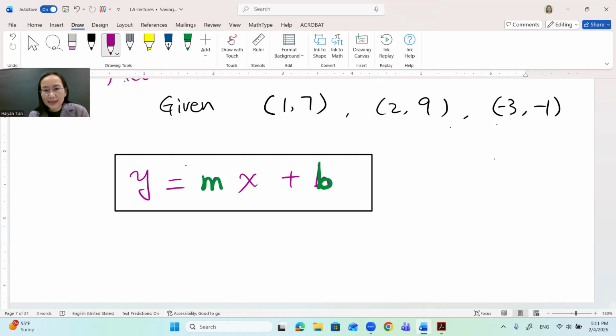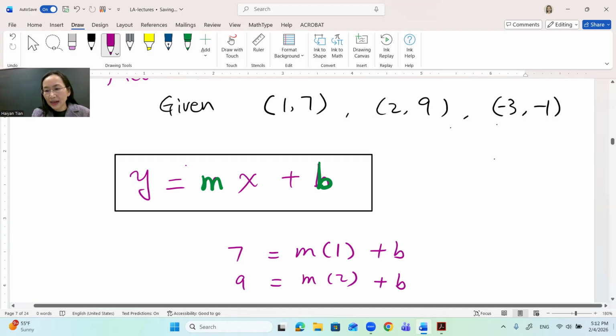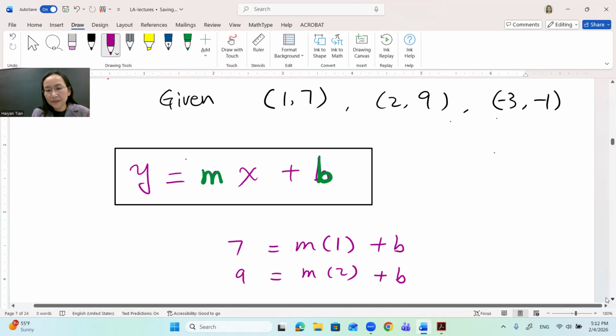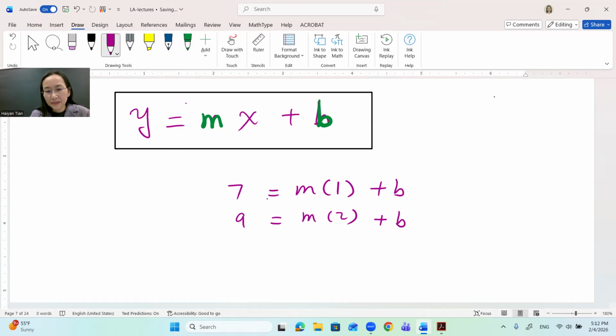First, when x is 1, y should be 7. That's the first equation. When x is 2, y is 9. Then when x is -3, y is -1.